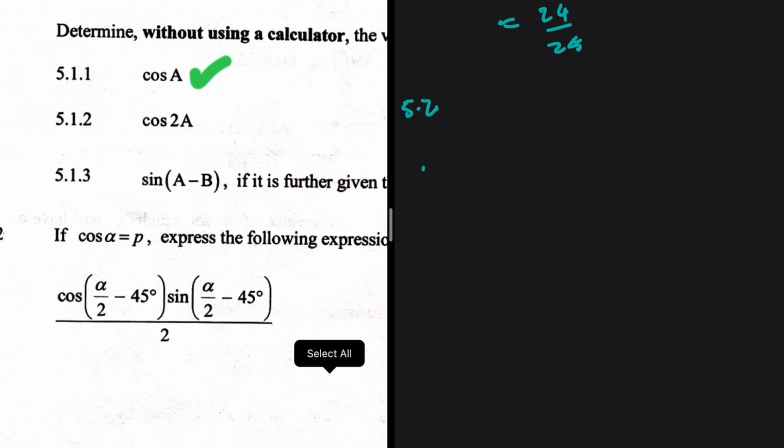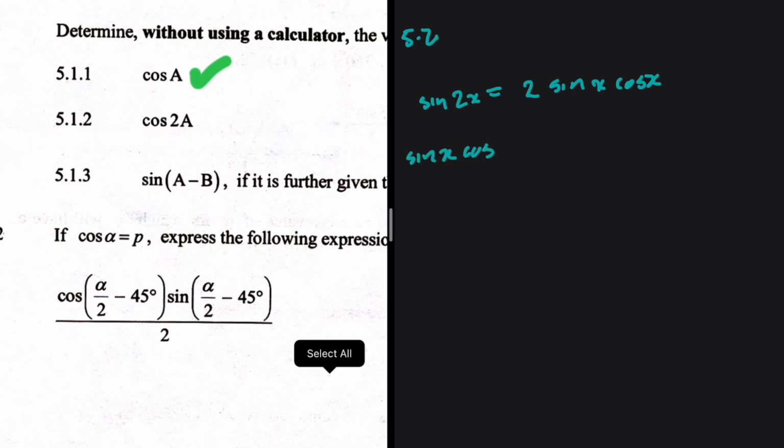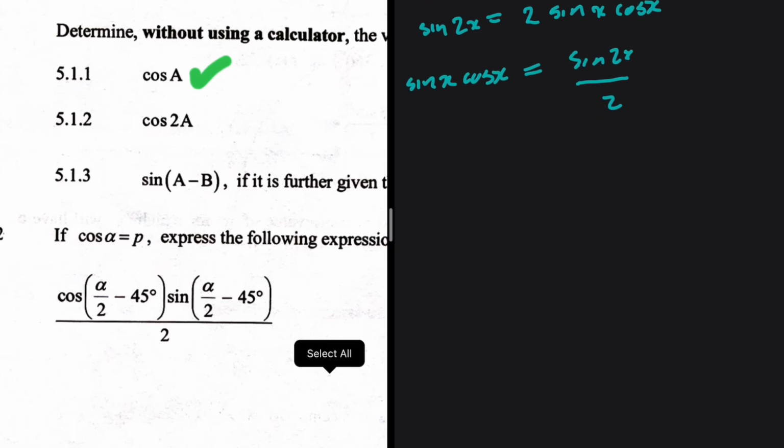Okay, we know that sine of 2x is equal to 2 sine of x cos of x. So from this, it should be easy to see that sine of x cos of x is equal to sine of 2x over 2. So I want us to apply this idea here, right?